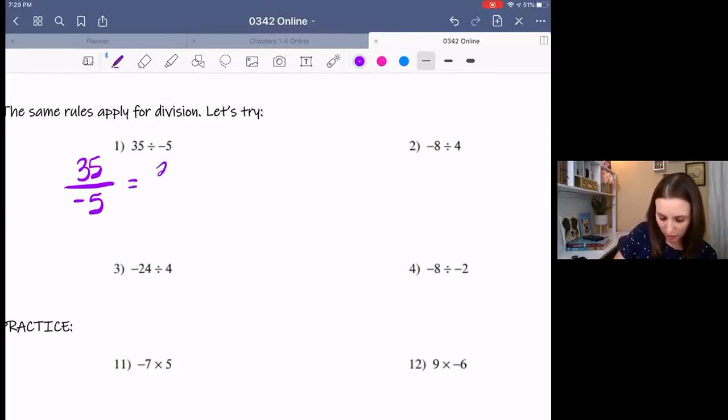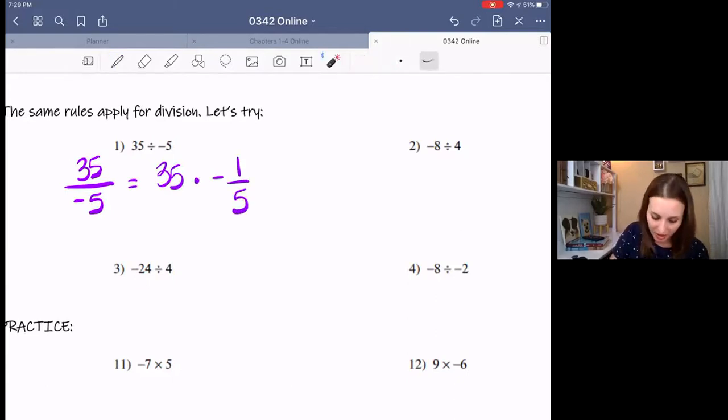This is 35 times -1/5. So when you see this, it's actually this. I am not going to make you rewrite it like that. You don't have to know that specifically to do this. I just wanted to make sure to show you so that you knew what I was talking about when I said division is just multiplication of fractions.